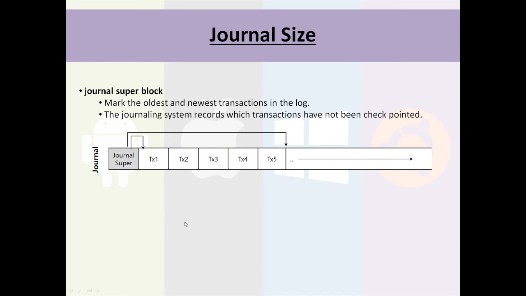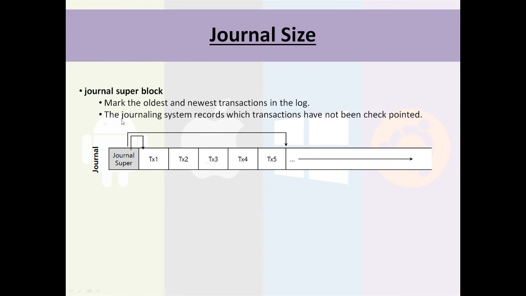How this looks is that our journal has a little superblock within itself, okay? And this block marks the oldest and newest transactions in the log. These are the oldest and newest non-checkpointed transactions, okay? All our checkpointed transactions are freed, and all other space is freed.